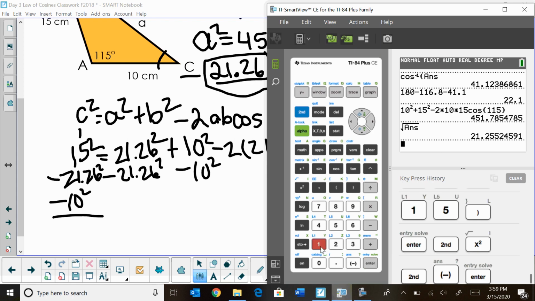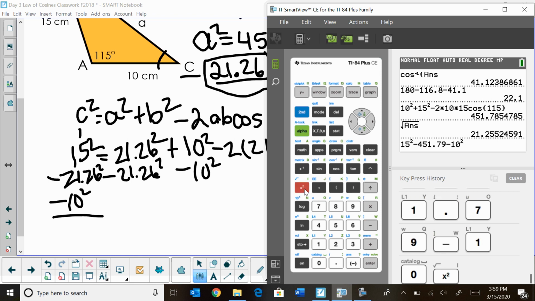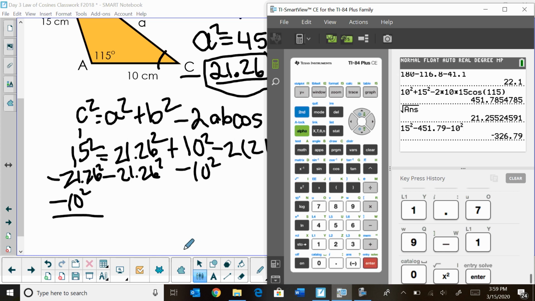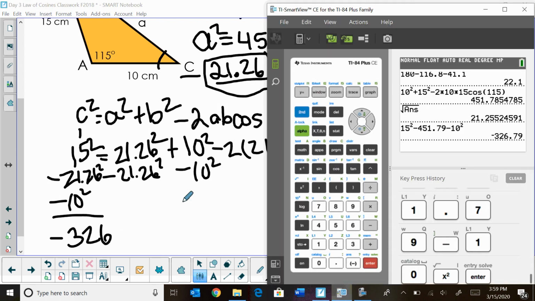I'm going to take 15 and square it, and subtract 451.79, because I know what that is. That's actually A squared. Minus 100, or 10 squared. Okay, so the left side of my equation is going to be negative 326.79.